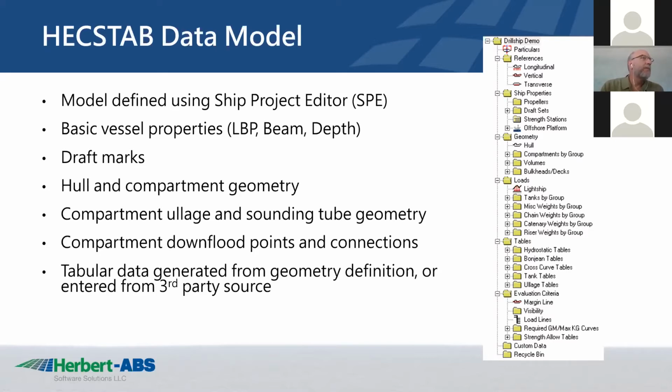So we're actually putting in the data from the trim and stability booklet to match that vessel exactly. So there's a lot of tabular data in this table section to drive intact from table analysis, especially for our CargoMax software. For design and salvage, really the focus of the modeling process is geometry.